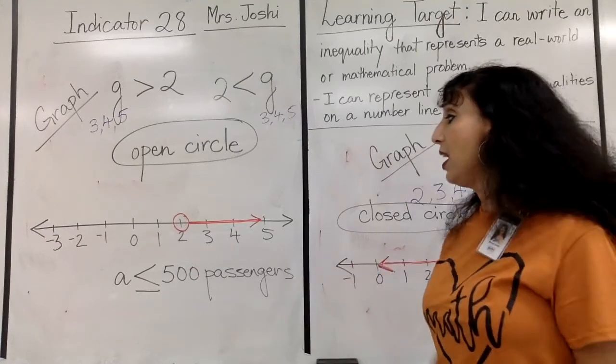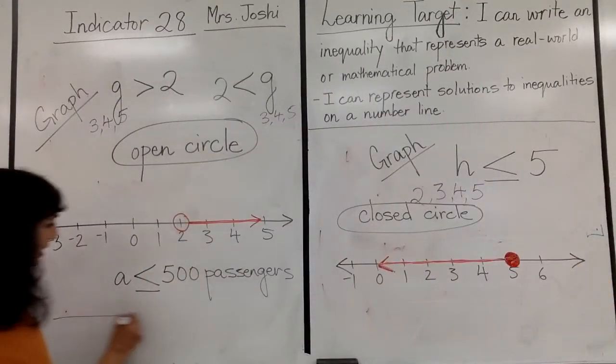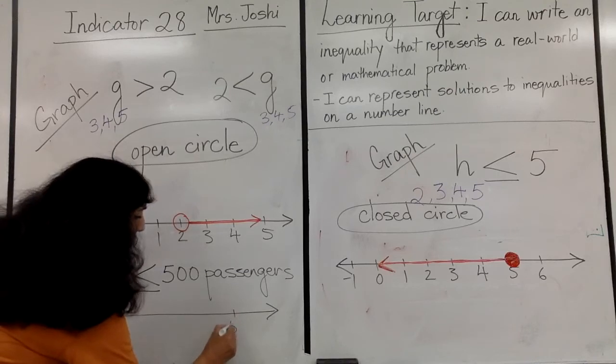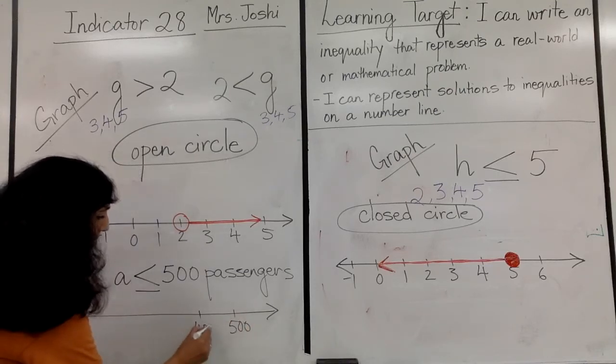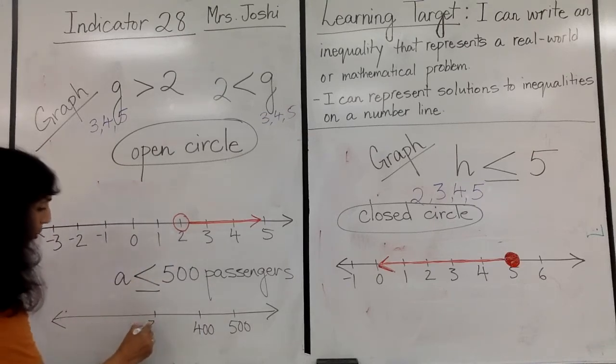Okay, so if I have to plot this, all I do is I take my number line like this. I can just put 500 over here, and I can go by hundreds, it doesn't matter, or you can just do 499, 490, whatever.